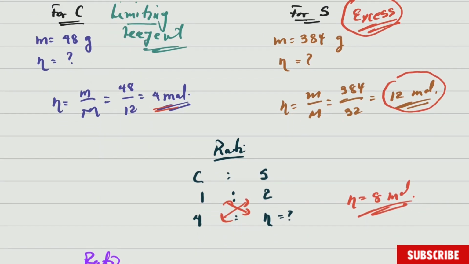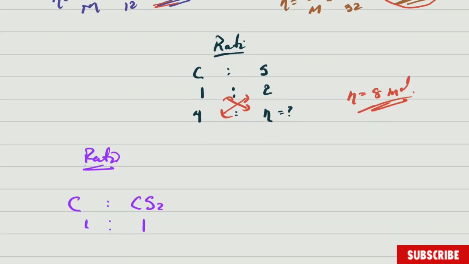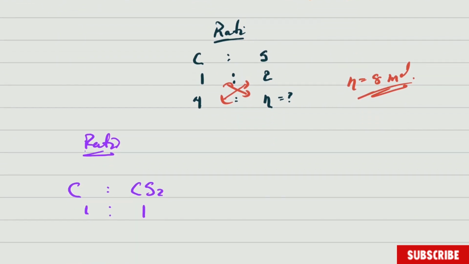So now we are going to substitute the number of moles of carbon, which is the limiting reagent, which is 4. So if we have 4 mole of carbon, how much carbon disulfide will I get? And I'm going back once more to the cross product here. So in this case it's 4 because the ratio is 1:1. It's equal to 4 mole.